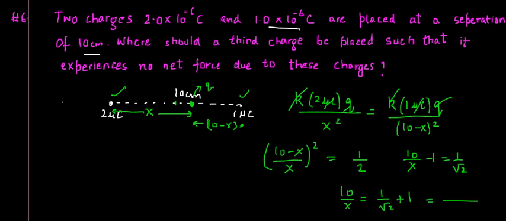That's equal to (1 plus root 2) divided by root 2. So we can flip it to find out x. So x divided by 10 is then equal to root 2 divided by (1 plus root 2).